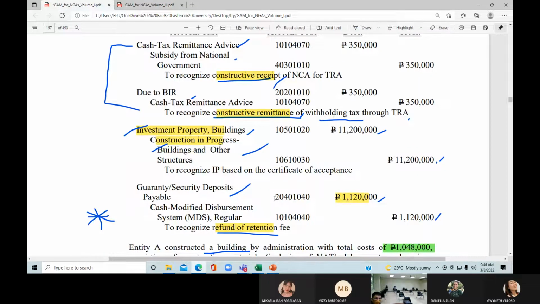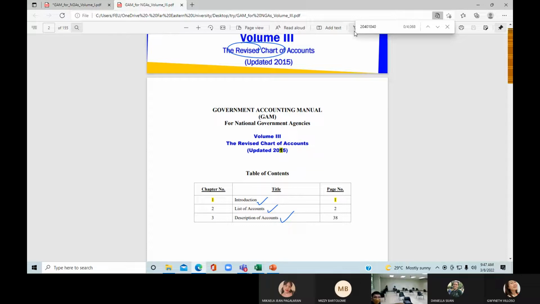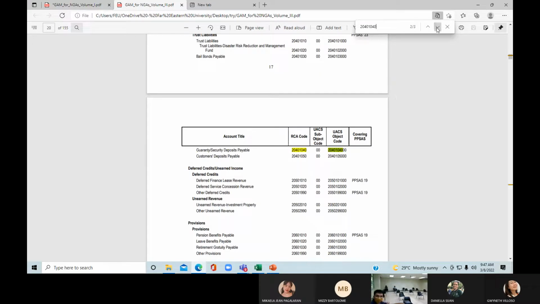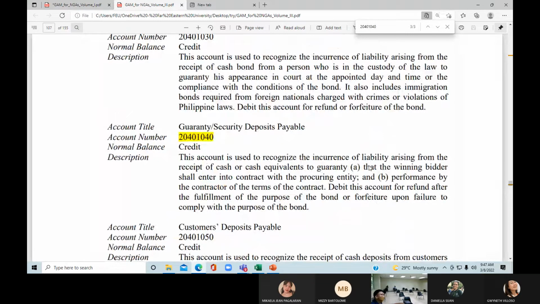Ito pala dapat. Iyan. Ayan, yung account na yan.